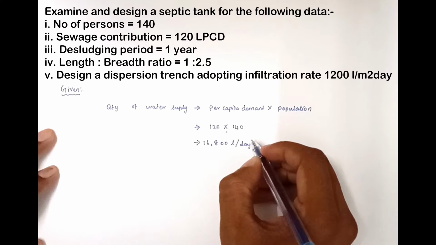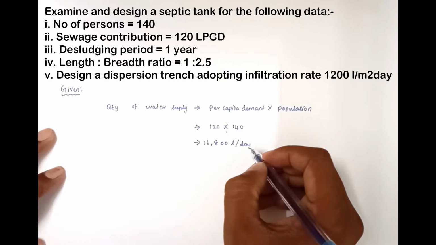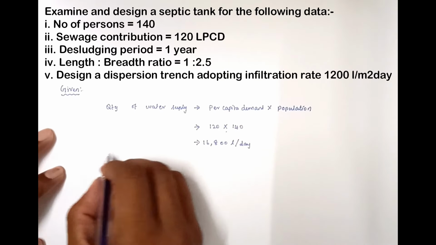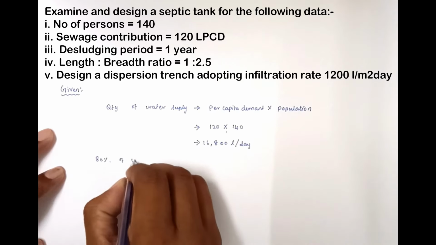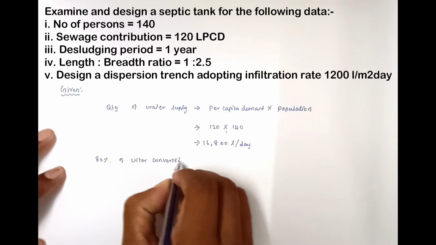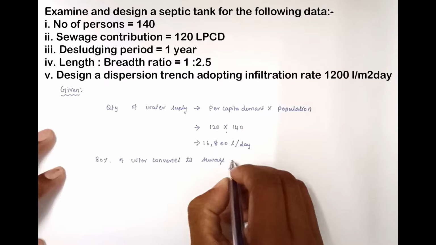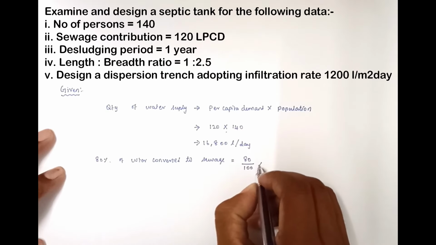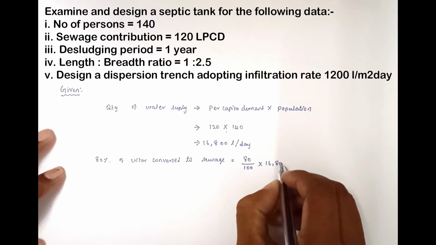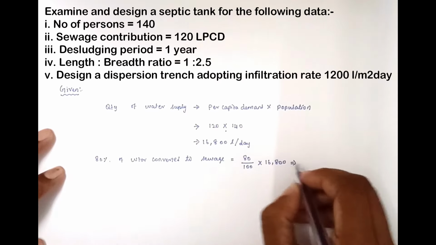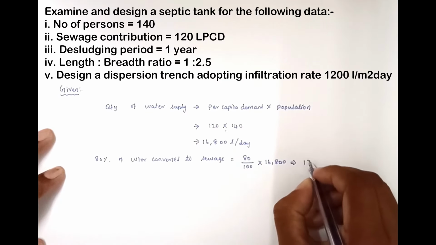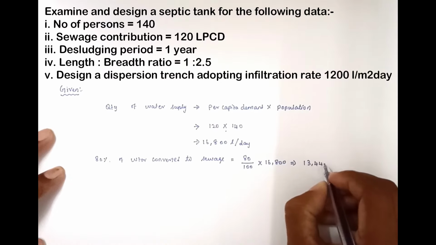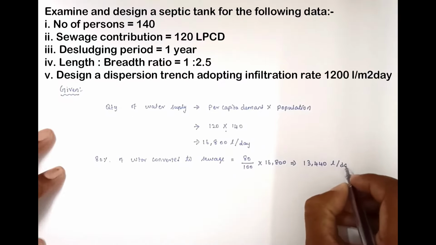Assuming that 80 percent of the water supply is converted into sewage, 80 divided by 100 into 16,800, the value is 13,440 liters per day.